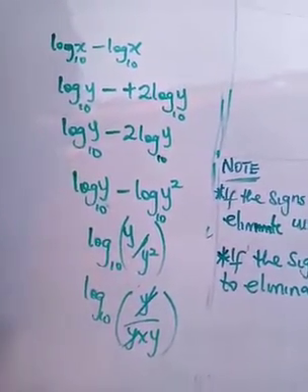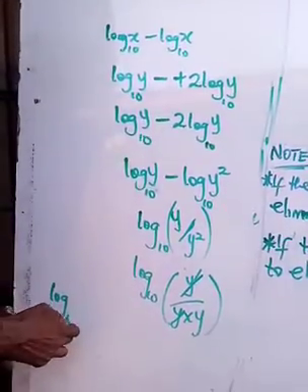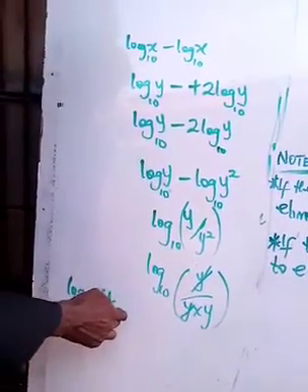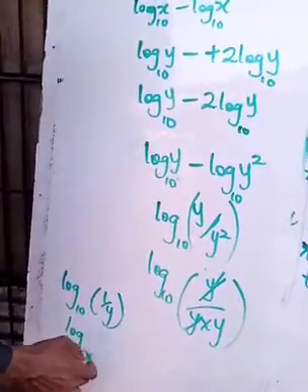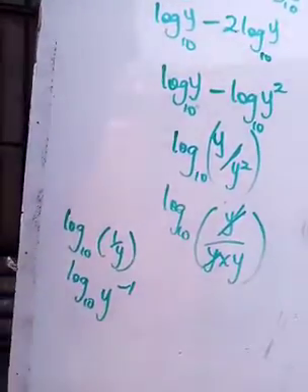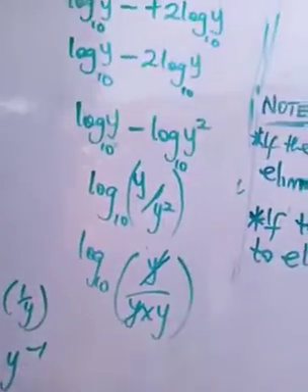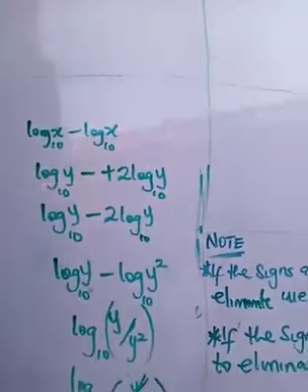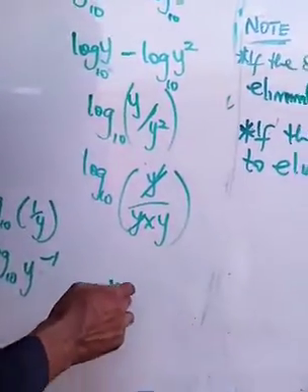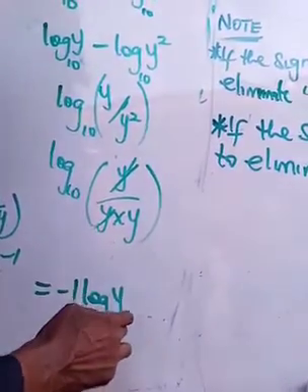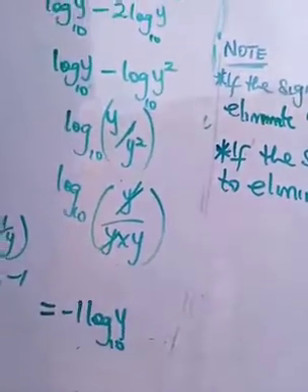So this becomes log base 10 of 1 over y. And 1 over y is y raised to power minus 1. So from there, if this power comes here, using one of the laws of logarithm, this is minus 1 log y base 10.